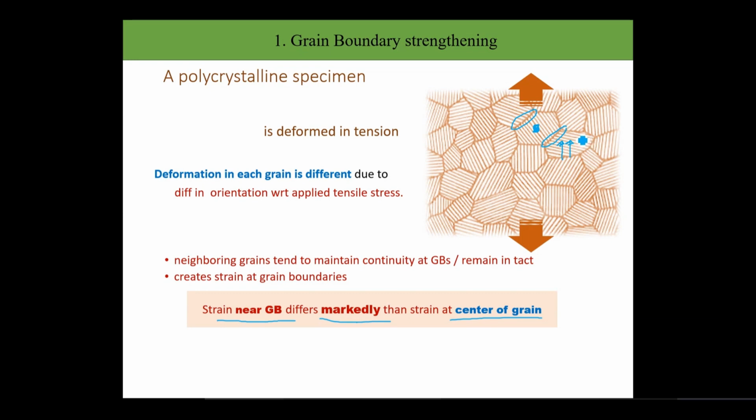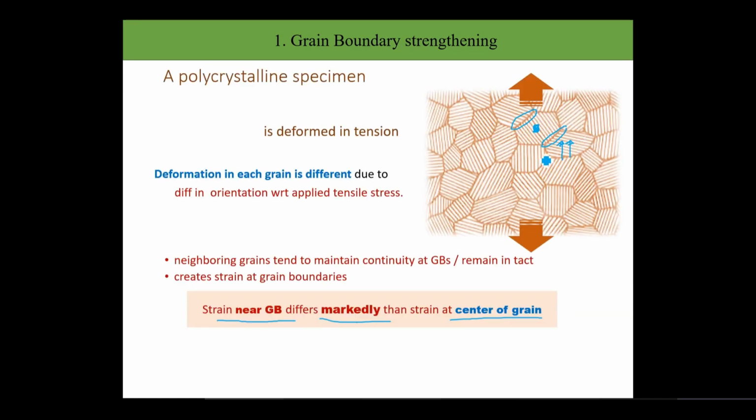Does this point make sense? Yes, sir. Once you know that there is strain that exists at the grain boundaries which is different than the grain itself, तो grain boundaries के ऊपर एक खिंचाव पैदा होगा that would be higher as compared to the strain at the center of the grain.